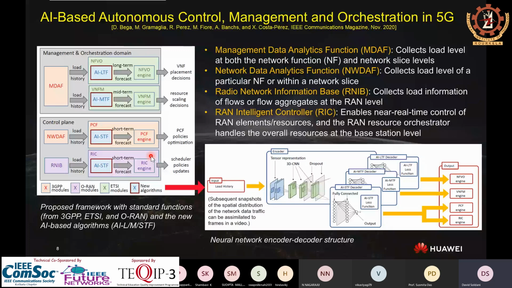insert their function between two other functions defined by ORAN, denoted as RNIB, which stands for RAN network information base, which is simply collecting information. In this case, they are considering load information of different flows.